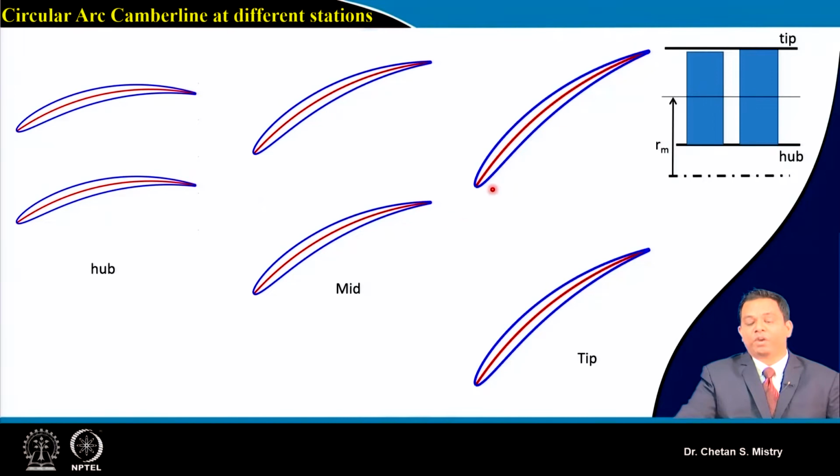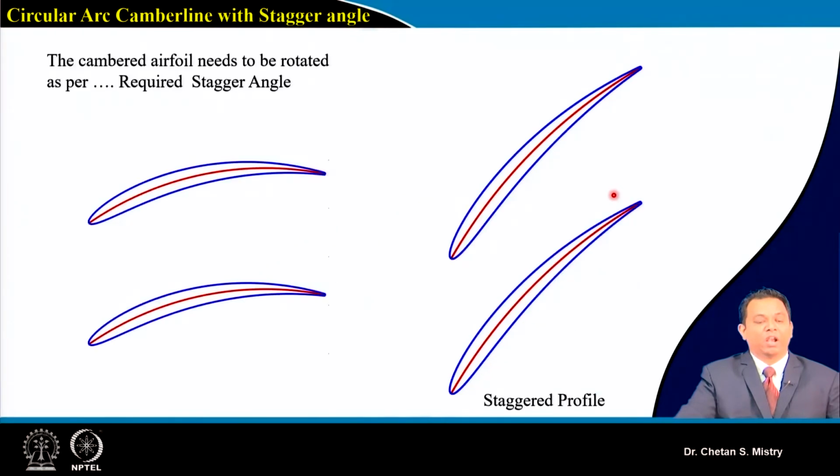In the same way, this represents the tip region. So you have a smooth distribution of thickness, and that gives you a smooth area passage, the blade-to-blade passage we are discussing. We have also discussed the change of stagger angle.